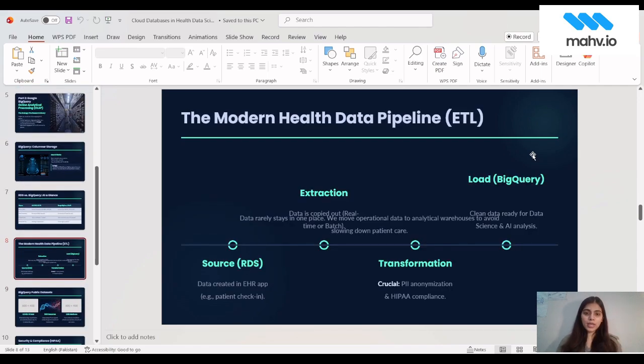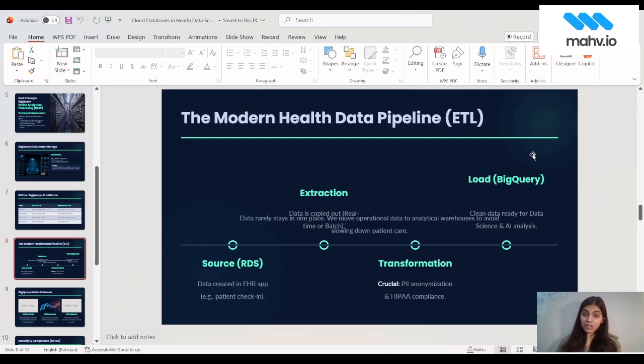Next, we have how the data pipeline will be. The data pipeline we will be talking about here starts with your source. The patient walks in, that is your source. The data that you create from that patient is your source, and then you'll extract the data, real time or batch or any kind of data.